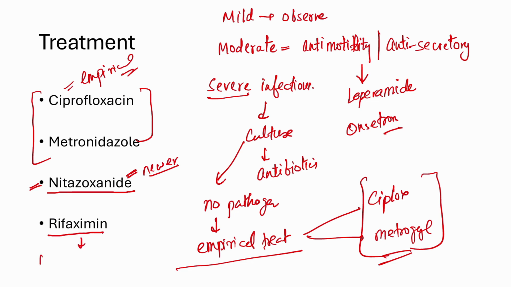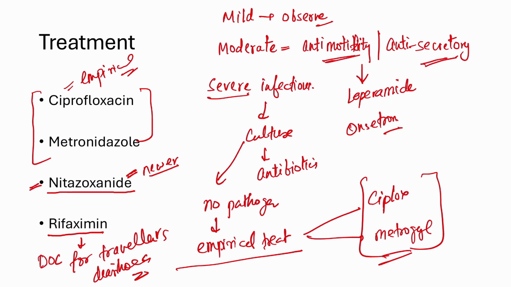Rifaximin is the drug of choice for traveler's diarrhea. So these are the options that you have for the treatment of acute infectious diarrhea. Or if it is non-infectious, you can observe or you can give anti-motility, anti-secretory drugs. So that is all about acute diarrhea.